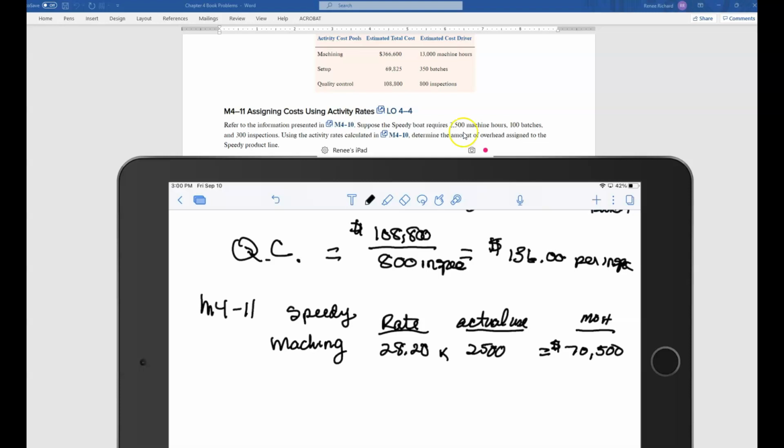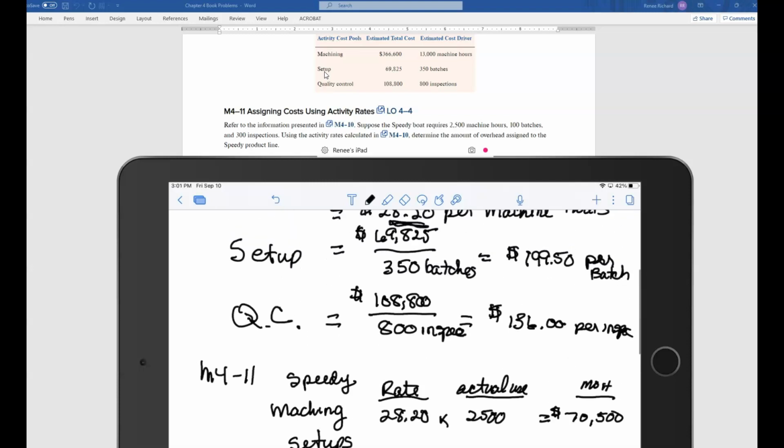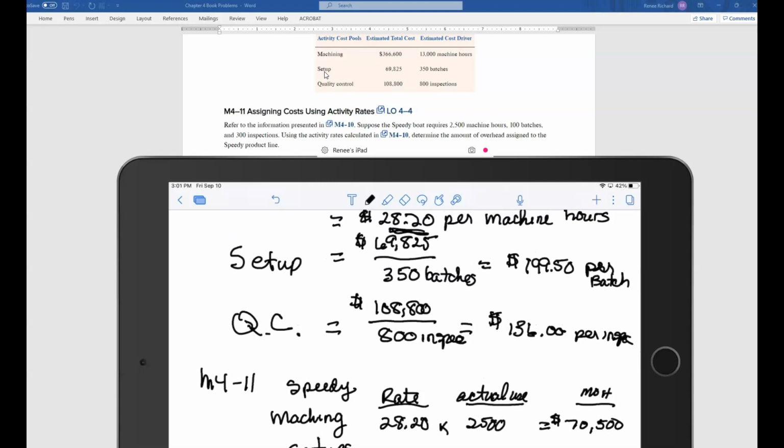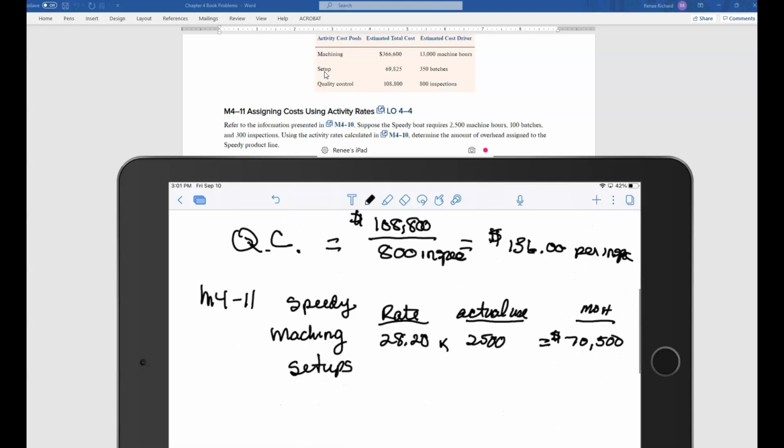It also has 100 batches, which is setup. So in setups, the rate we calculated was $199.50 per batch, because batches were the driver. $199.50, and let's put dollar signs by these so we don't get confused, times the actual use of that driver, 100 batches, equals $19,950.